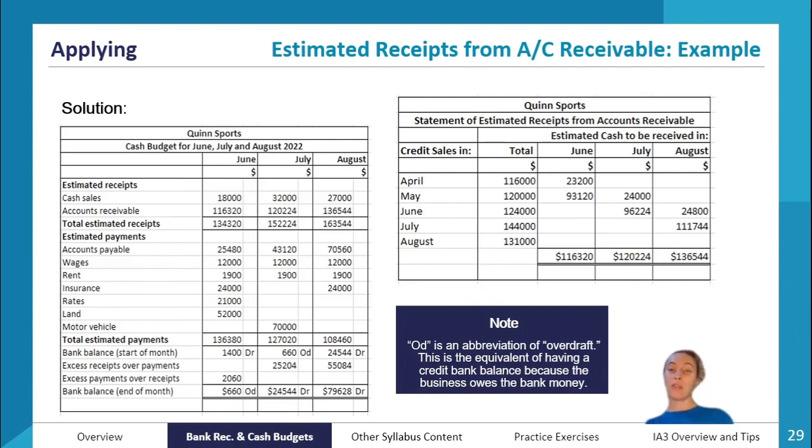And we are making sure that the credit sales in, we've got the months listed down on that y-axis, April, May, June, July, August. And then you need to go across and look at where it's going to be received. So the credit sales in April, and the $23,200 was in relation to not the month after sale, but the second month after sale, and that's why it appears in June, not May.